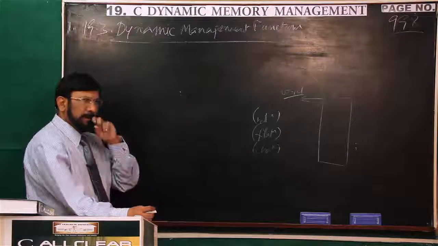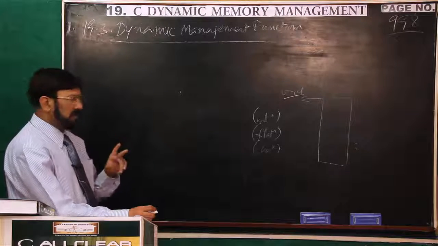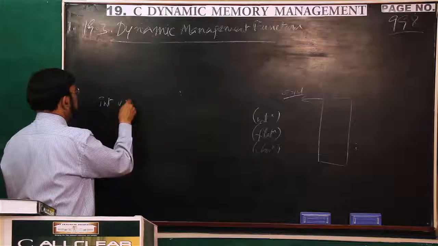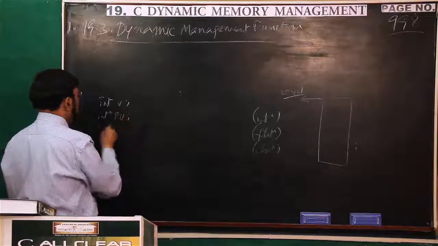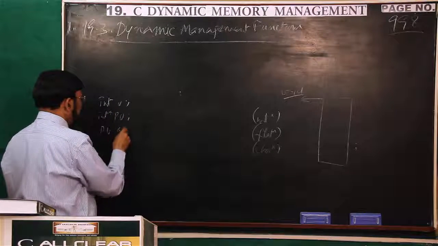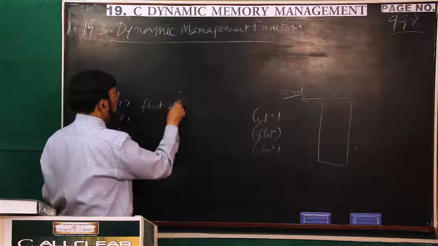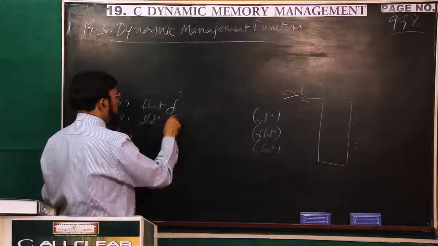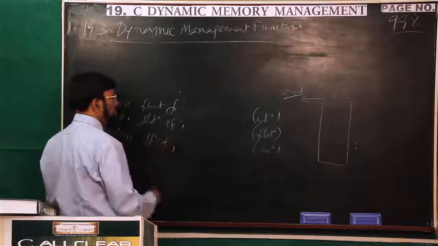Just to understand, go back to pointers. In the beginning of the pointer chapter, I explained one rule. What is that? int v, int *pv; pv is equal to &v. Float f, float pointer *pf; pf is equal to &f.